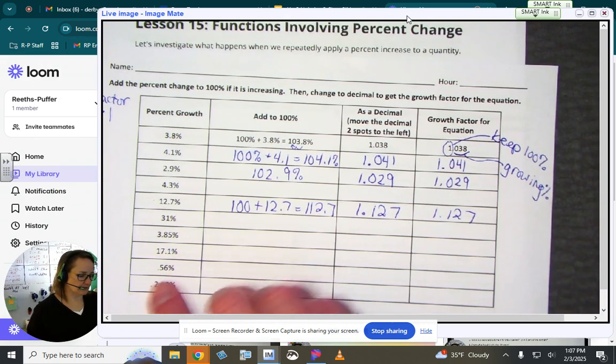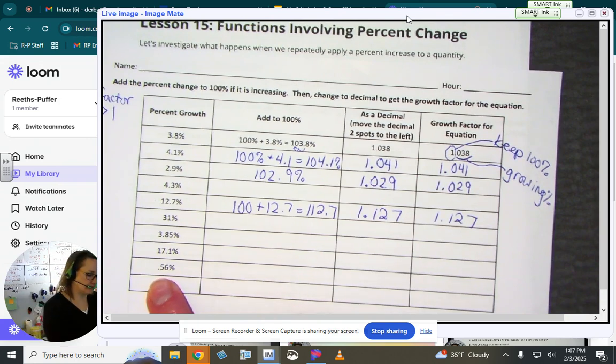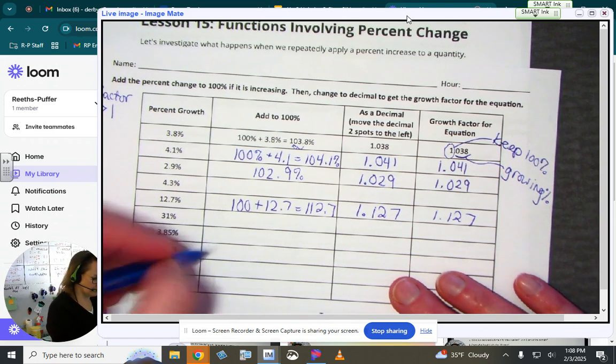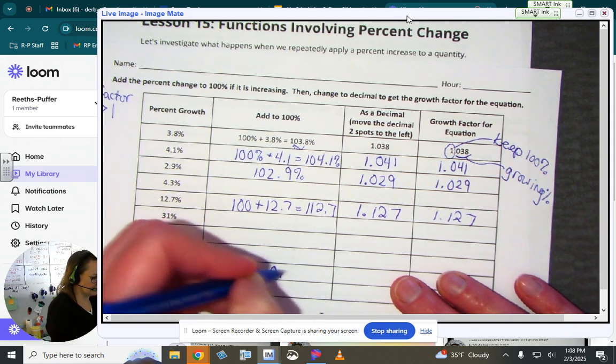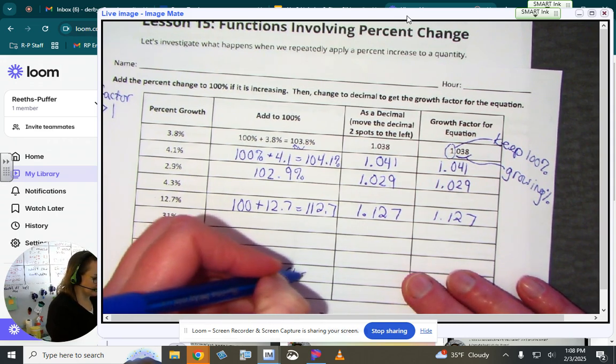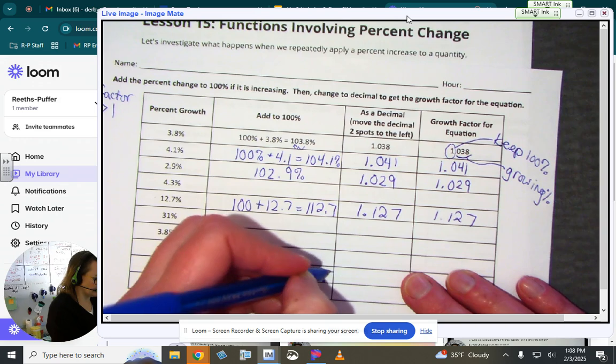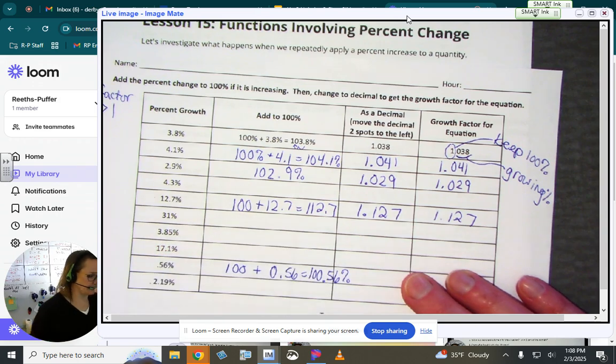It also looks a little tricky sometimes if we're adding a decimal of a percentage, not even a full 1%. This is now 100% plus 0.56. That is 100.56%.